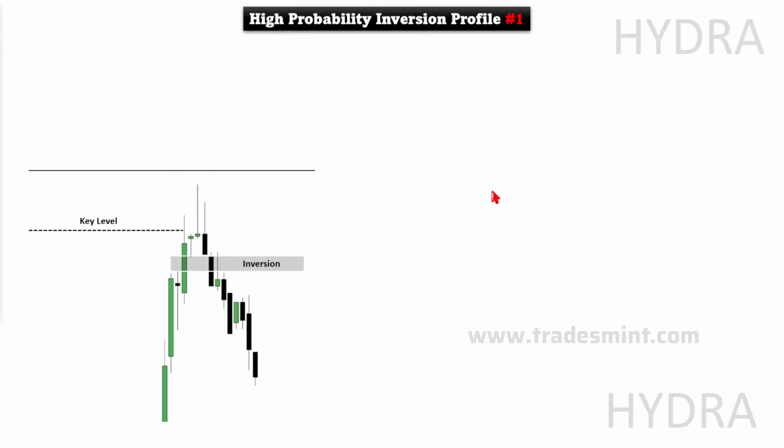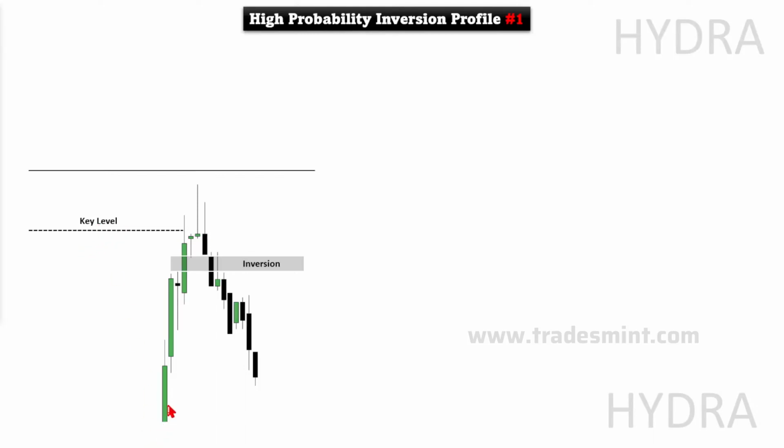So now we are not looking for any breaker to enter, but we're going to be looking to take trades using inversion specifically. So what's the logic here?